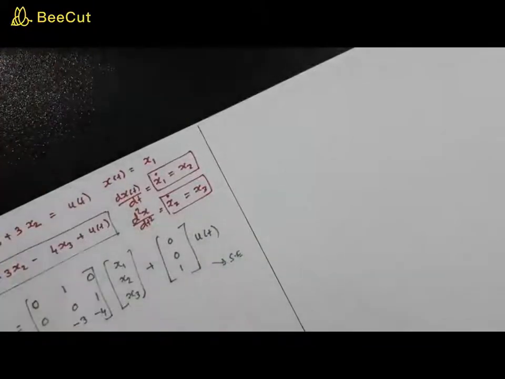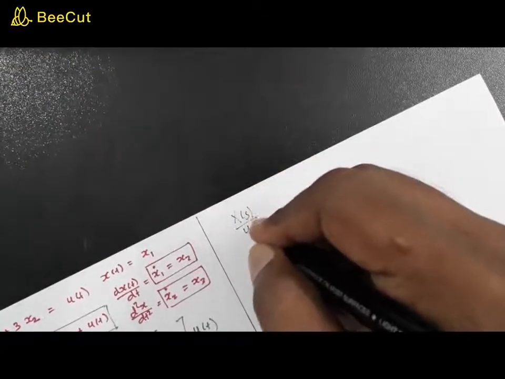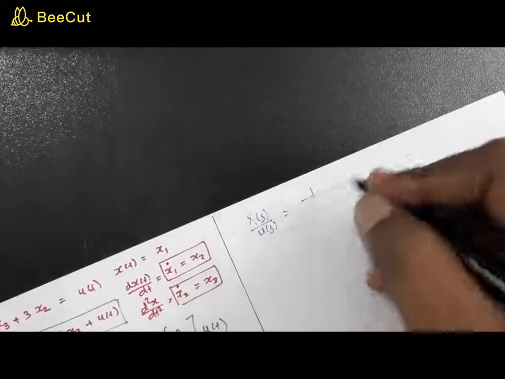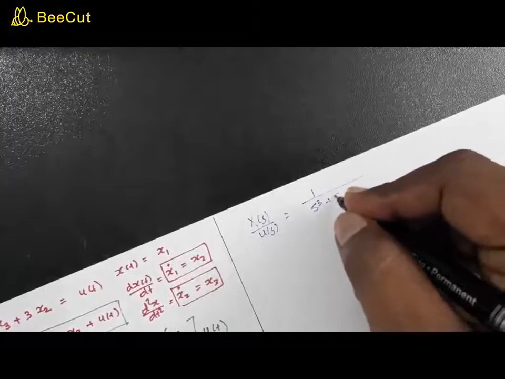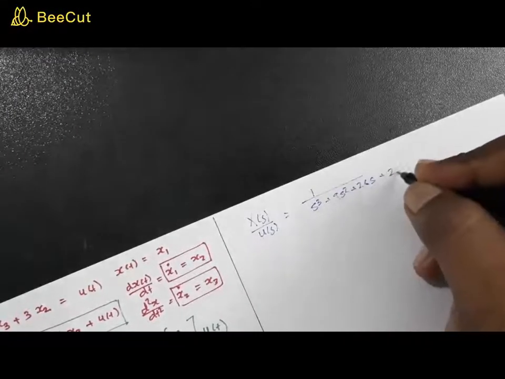Now taking the first one, X(s) by U(s), from this you will get the state equation as 1 by s cube plus 9s square plus 26s plus 24.